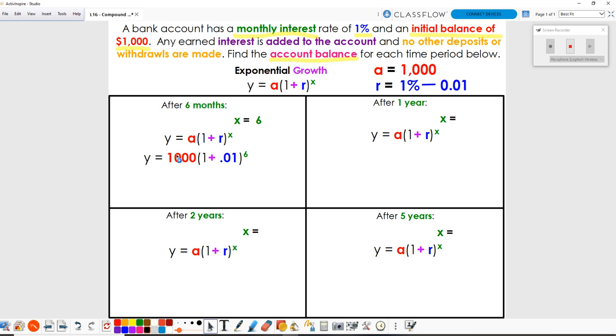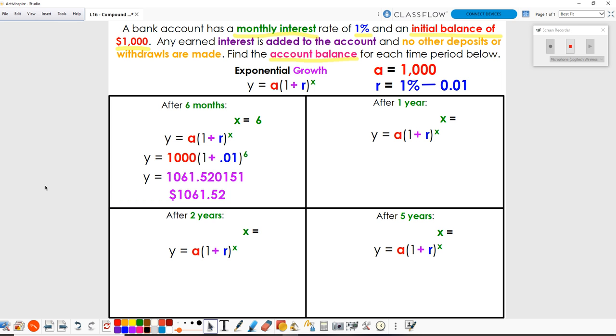Our initial amount is $1,000. Our interest rate is 0.01. And we have our time interval of 6. And I've got all this already plugged into my calculator, and we can see we get this big long decimal that after 6 months we would have $1,061 and this giant decimal. But remember, we're talking about money, so that money would get rounded just to be 52 cents.